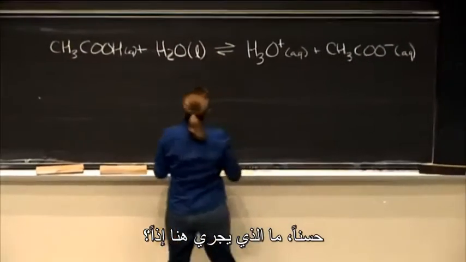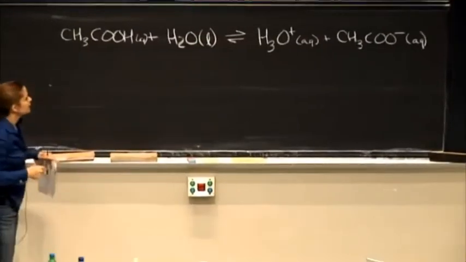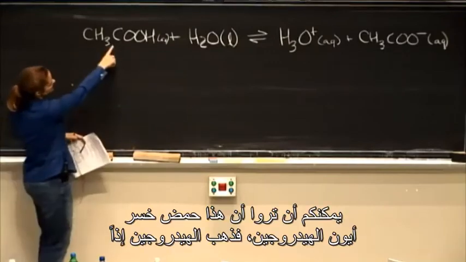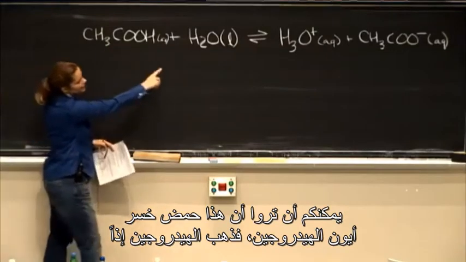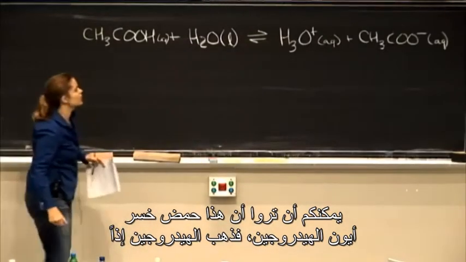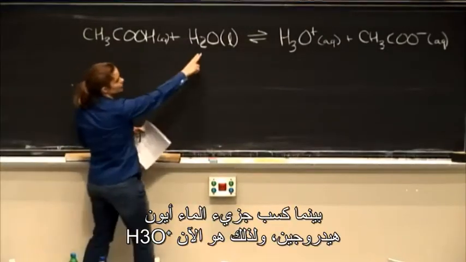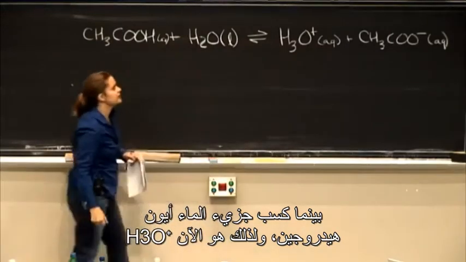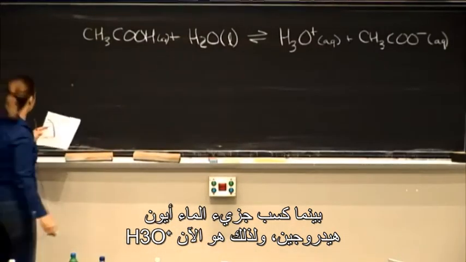All right, so what is going on here? If we look at the things on one side of the equation and the other, you can see that this is an acid that has lost its hydrogen ion. So the hydrogen is gone, whereas the water molecule has gained a hydrogen ion, and so now it's H3O+.